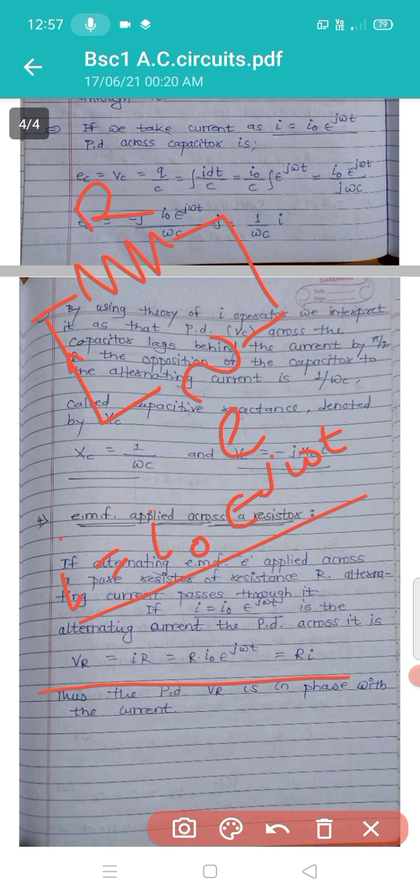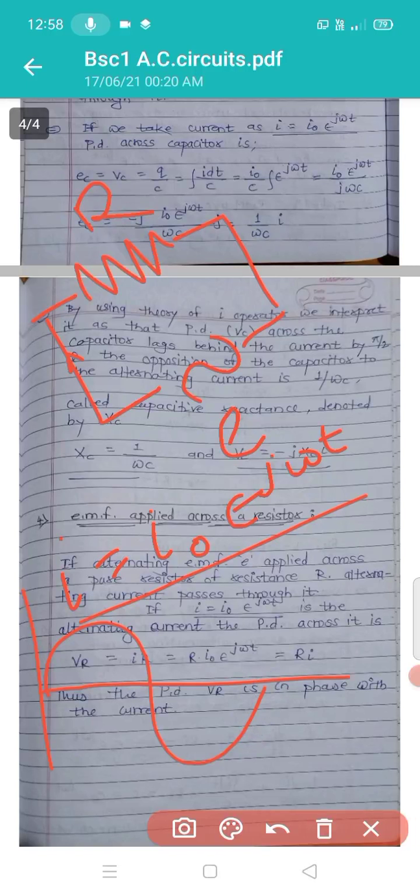If we draw a sinusoidal wave for the current and the potential difference V, both are in phase. The potential difference VR is in phase with the current.